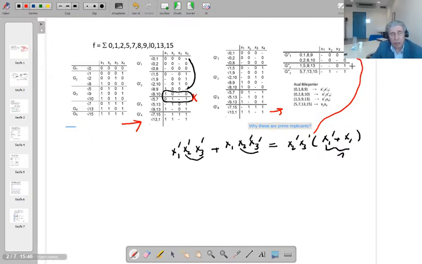Now, let's try to continue. We're going to make groups once more. In this first group, we've got product terms which include 0 ones. This second group has only 1 one included in the product term. I'm going to compare the neighbor groups, and the dash positions must be the same as well.